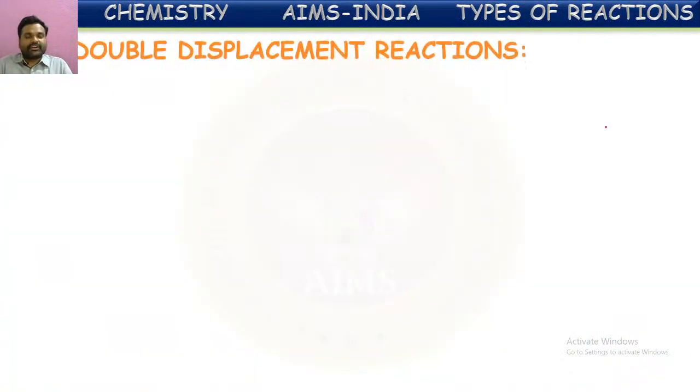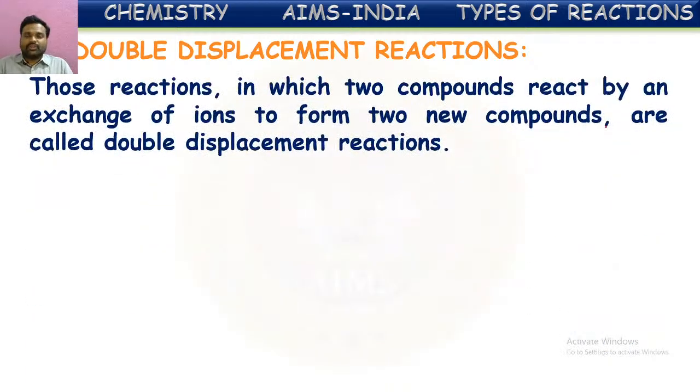The next type of chemical reactions are double displacement reactions. Those reactions in which two compounds react by an exchange of ions to form two new compounds are called double displacement reactions. What is happening here? Two compounds are reacting, and when they combine, they exchange their ions mutually.